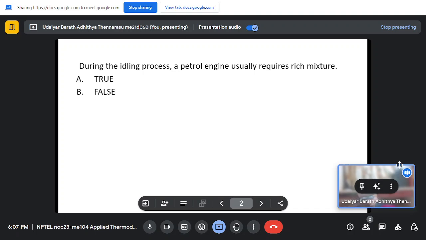This is an idling process, because the engine doesn't have any load, so it's running freely. There is no load on the engine, so brake power is zero, you are not utilizing any work. So during this process, will the engine require a rich mixture? This is true. We'll see the reason.